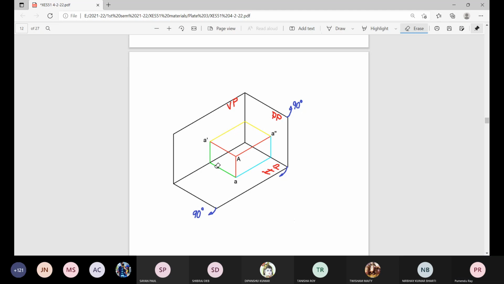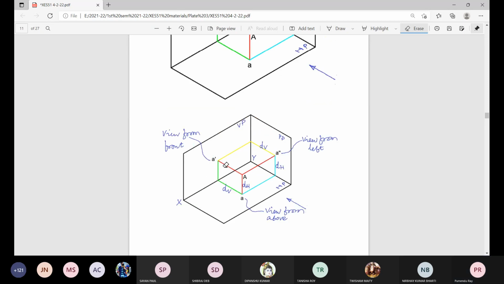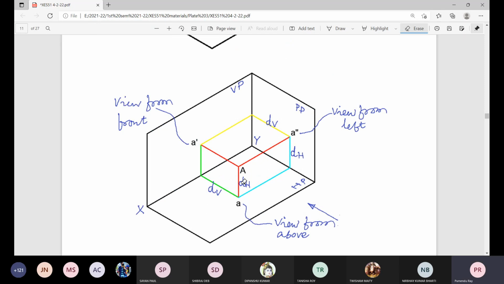Okay. Now once we have this thing, we give these distances here. This is the distance, dH, with H in subscript. It means distance from the horizontal plane, or this is the height.